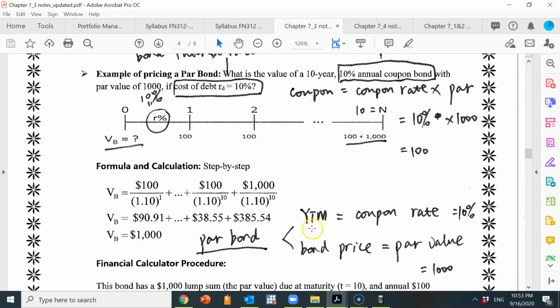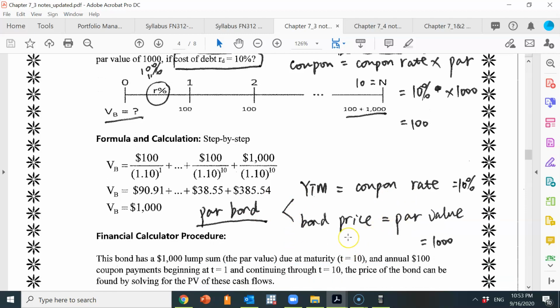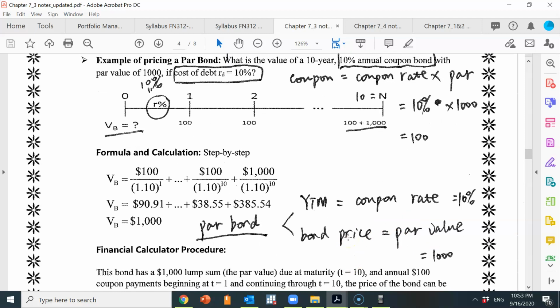So here our yield to maturity equals coupon rate, so we can say it's a par bond. Another criterion for a par bond, which usually occurs at the same time as the first, is that the bond price here is 1,000, as we calculated, and the par value is also 1,000.